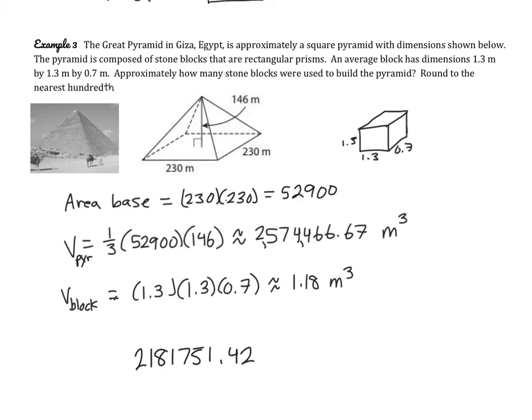So this is rounded to the nearest hundredth. Now, in my opinion, it doesn't really make sense to have a portion of a block, so I would round it up to the next whole number. But they did ask us to round it to the nearest hundredth, so this would be our final answer.